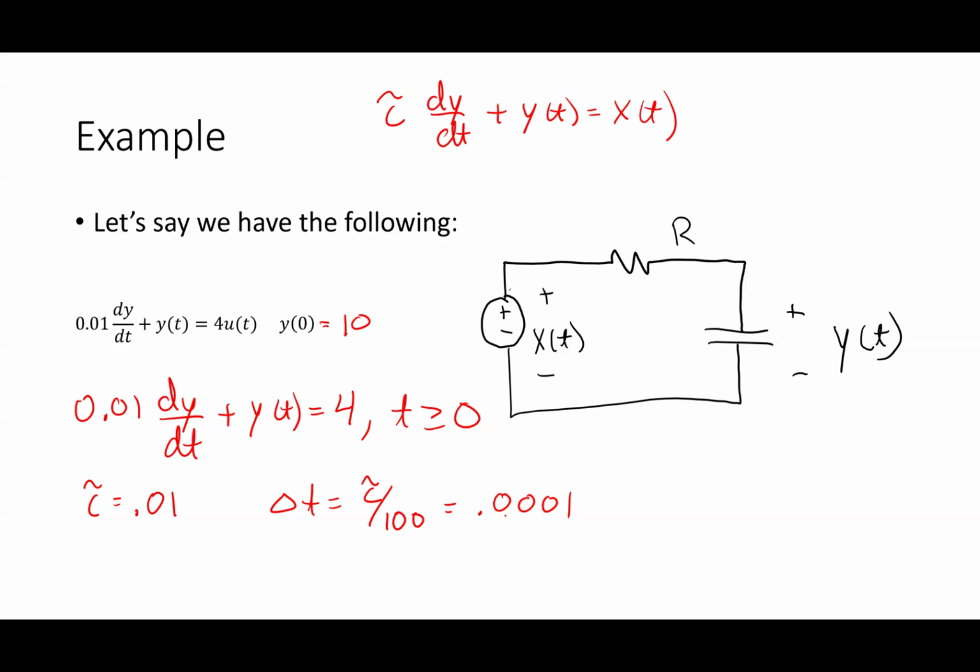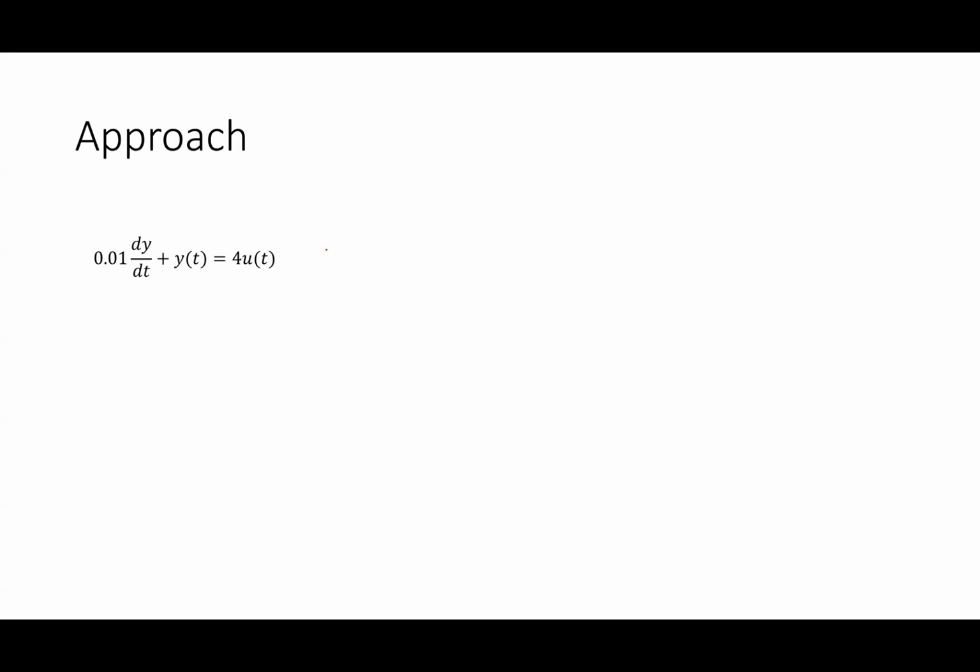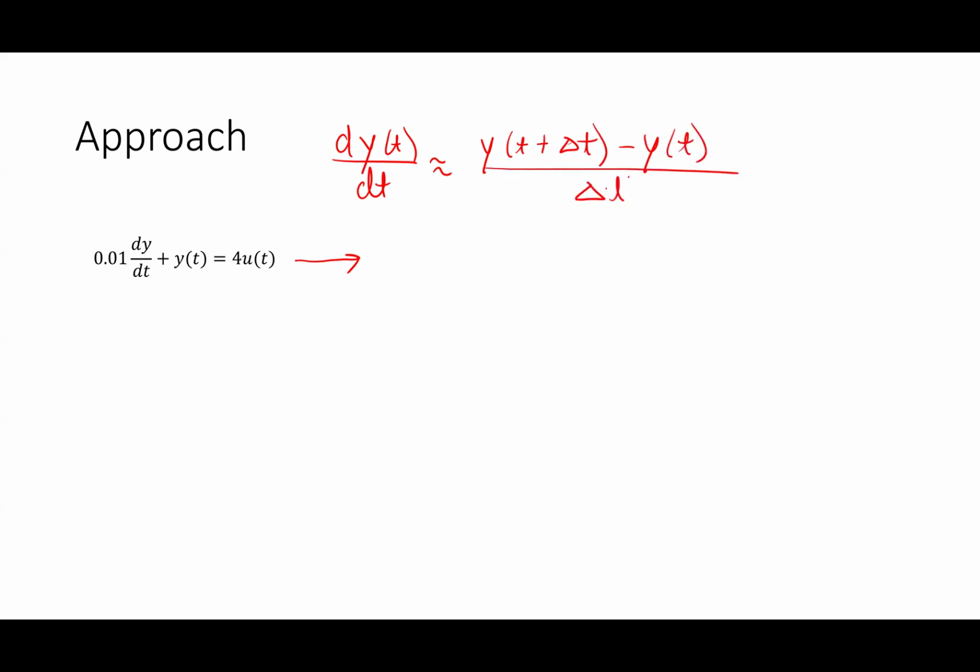All right, so if that was the case, I use that Newton's rule definition. We said that I'm going to assume that the derivative dy by dt is approximately equal to y of t plus delta t minus y of t over delta t.